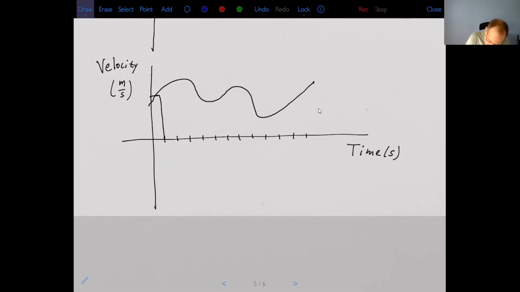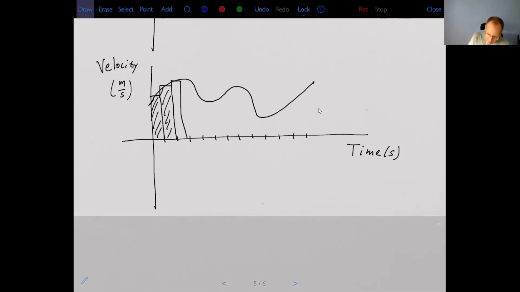Over this time interval, maybe it's something like that, and so on. These are just rectangles, right? So if I know that height, I can find that little displacement, and so on. And I can add all these up, and that will give me the total displacement.